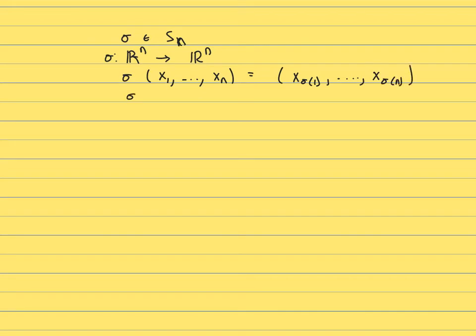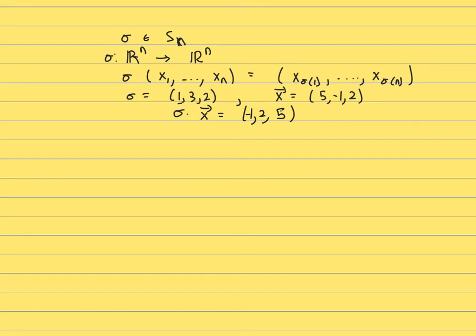So for instance, take sigma where the permutation sends 1 to 3 to 2, and x is a vector in R^3, so let's just say (5, -1, 2). Then sigma x: we're going to send the first coordinate to the third coordinate, the third coordinate to the second coordinate, and the second coordinate back to the first coordinate.